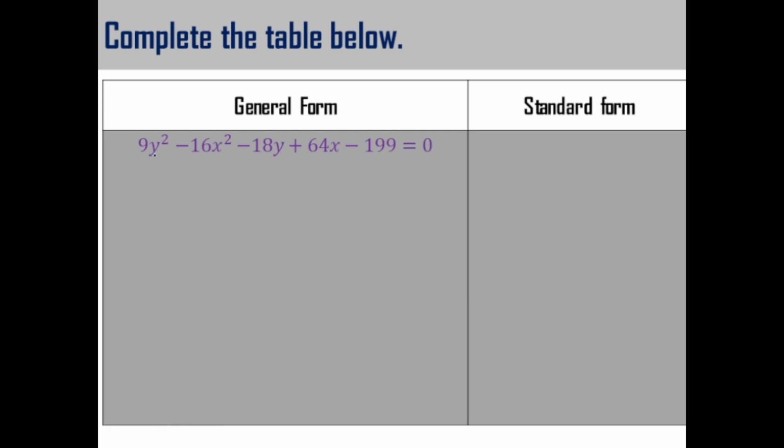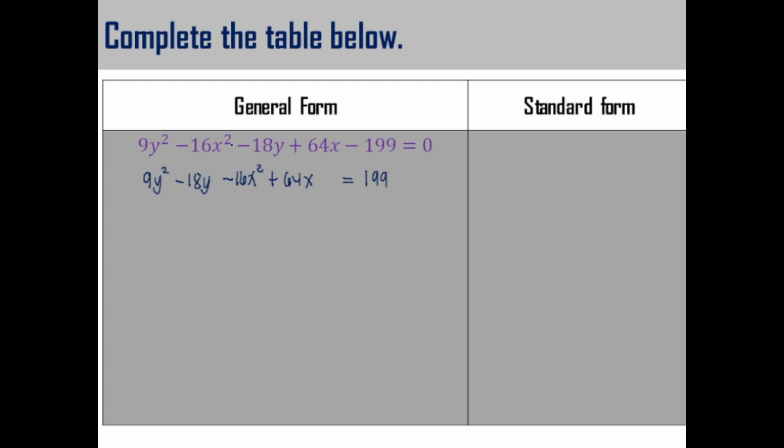So unahin muna natin yung y followed by x. So ito ay 9y squared minus 18y, tapos x na tayo, negative 16x squared plus 64x, and then yung constant natin, transpose na po natin sa kabila. Negative po siya dito, that's why siya yung magiging positive 199.